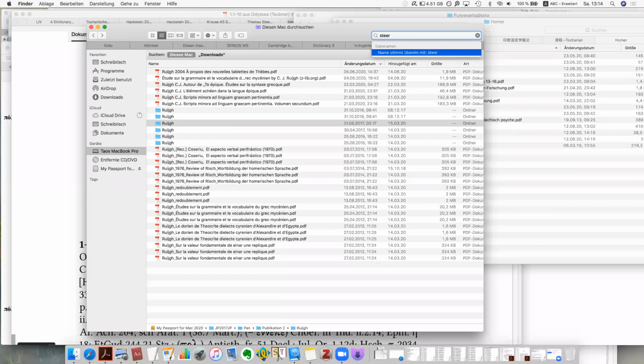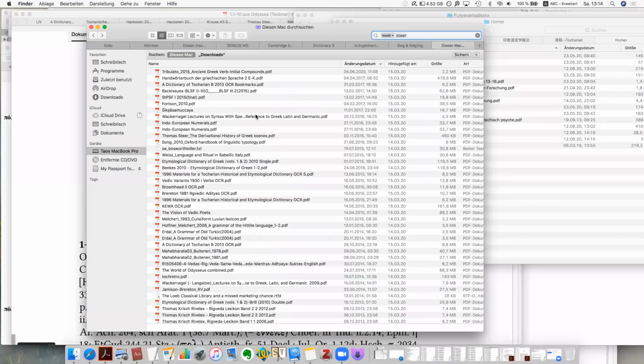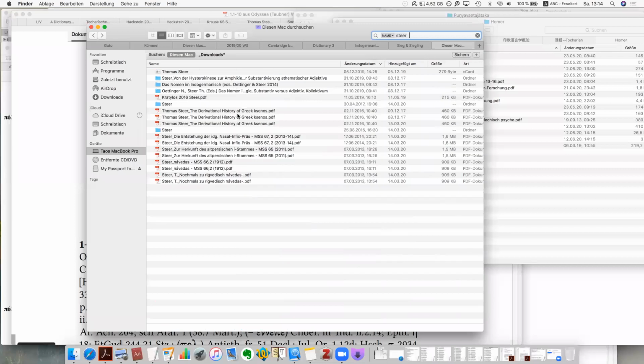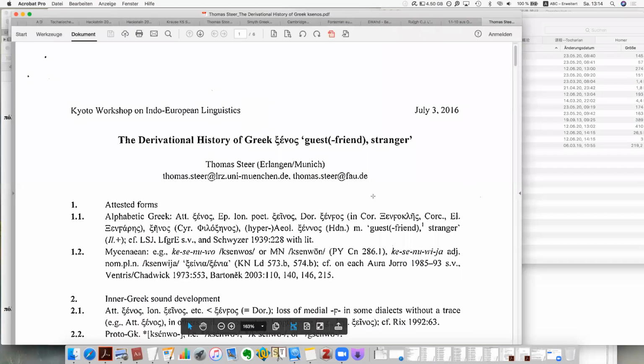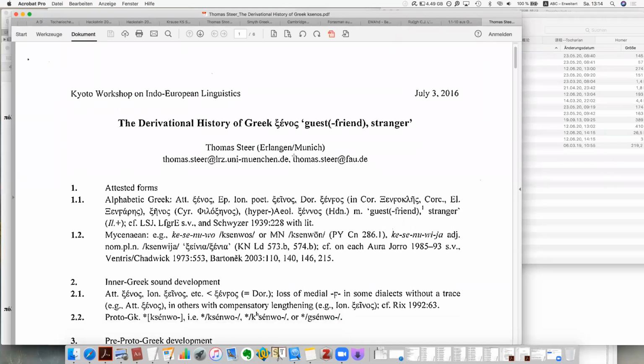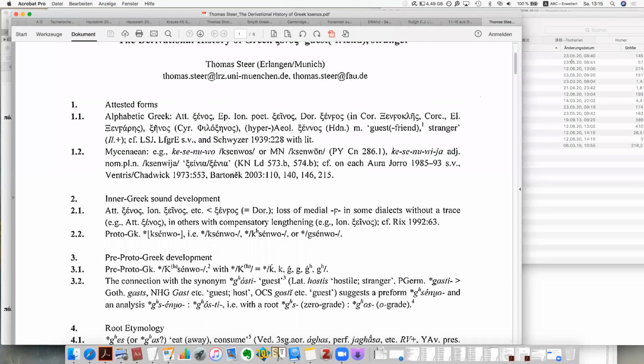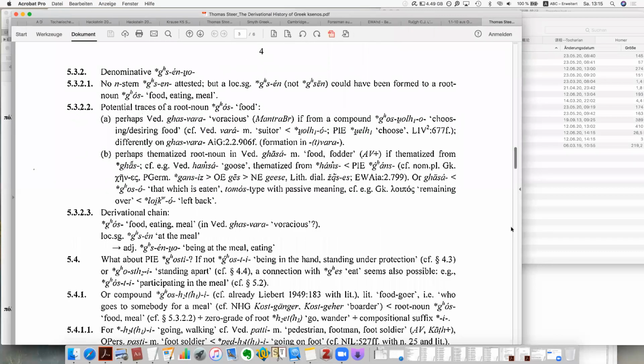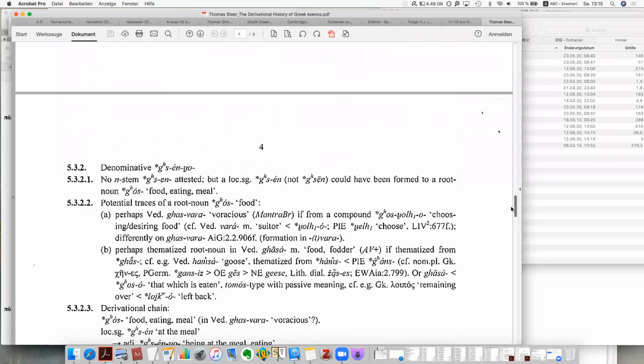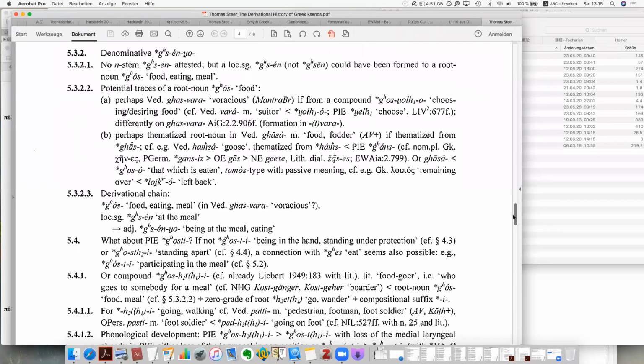A colleague or friend of mine has written an article called The Derivational History of Greek Xenos. His name is Thomas Stier, and he works in Erlangen and Munich. To make it very short, I will just tell you the results.